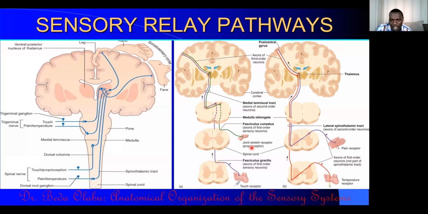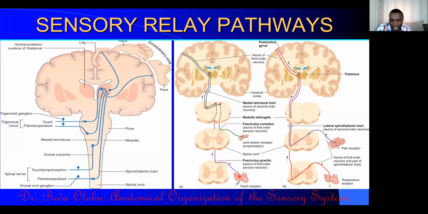So the moment they reach the medulla oblongata, they then synapse with the second order neuron, which then crosses the midline, decussates, then ascends on the opposite side, all the way to the thalamus again. That will have a unique name, but you don't have to go into that name. From the thalamus, we'll have third order neurons that go to the cerebral cortex.